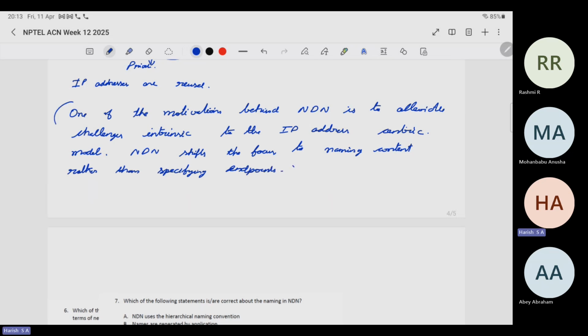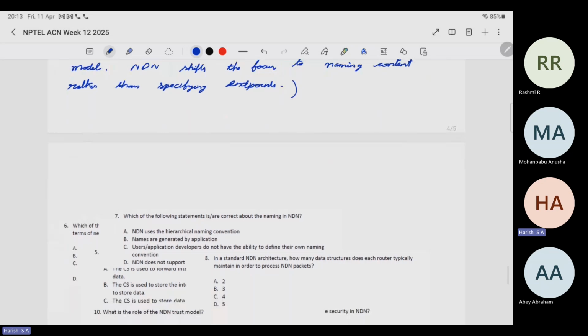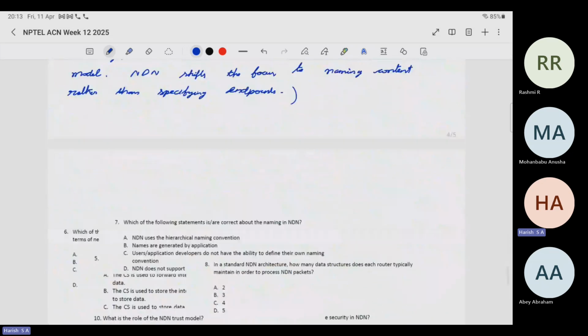So this one we know. This is basically what NDN is. Now how does NDN address each of the above options? Let's just see that.